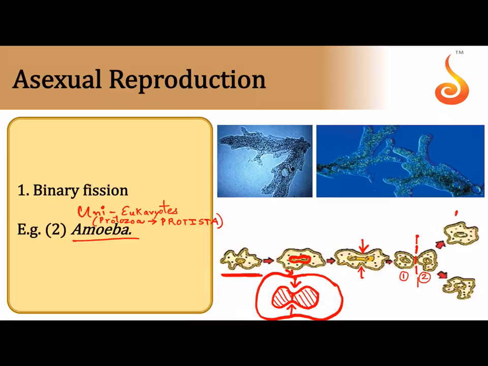And so we have with us 1 and 2. Two daughter amoebae. We started off with a parent amoeba and we end up with two daughter amoebae. Clear? So this process where one mother cell splits into two daughter cells, and each of them rapidly grow into adults, is referred to as binary fission.